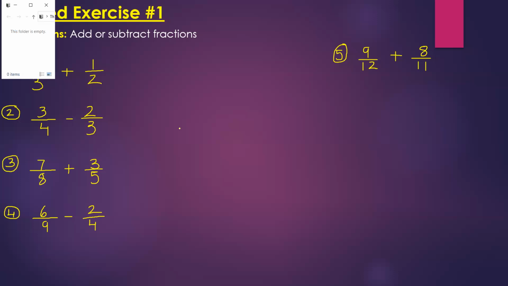Kai, where's Kai? Yes, sir. It's blurry.